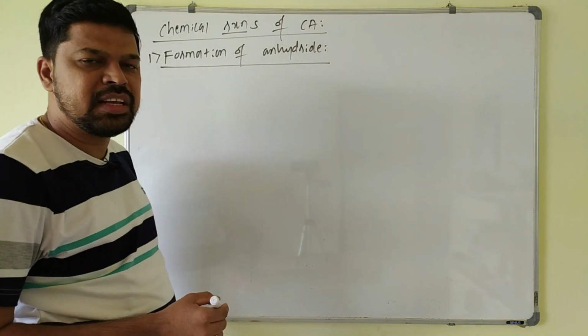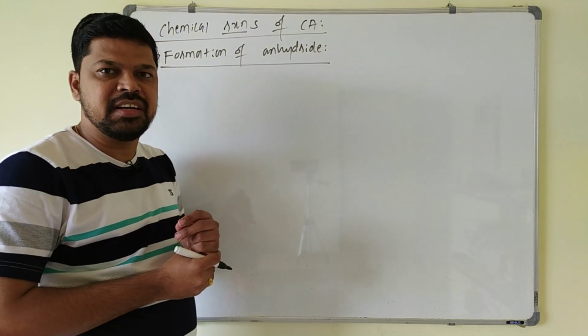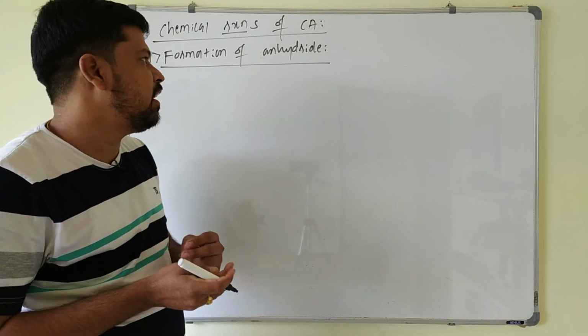Here these carboxylic acids on heating with a dehydrating agent, they will lose water to form anhydrides.